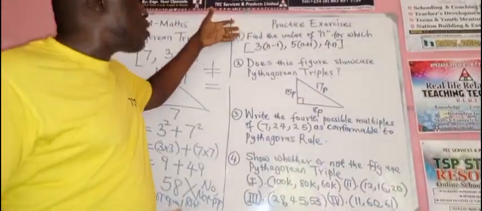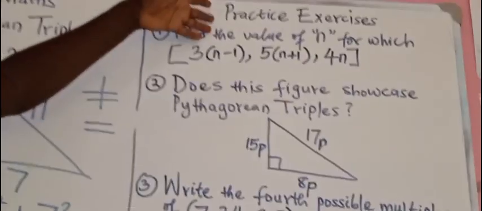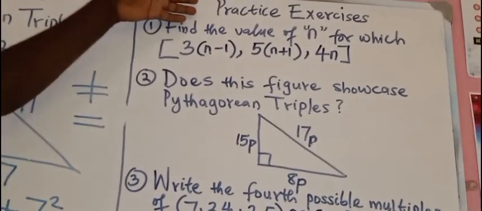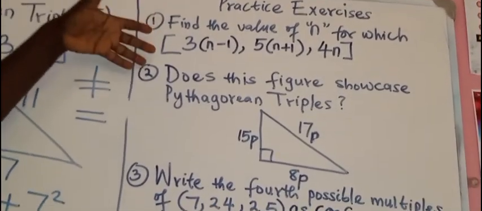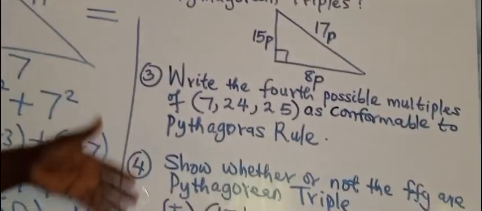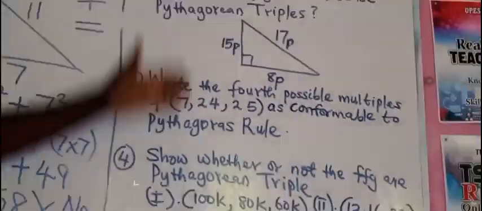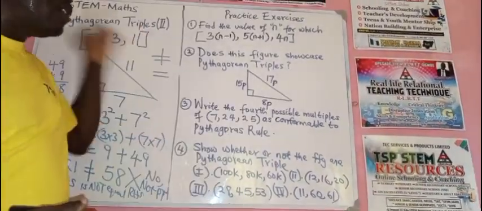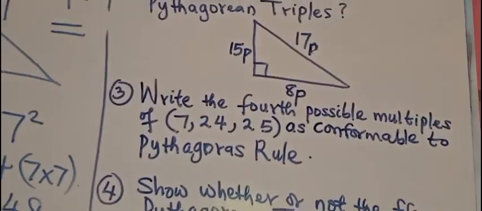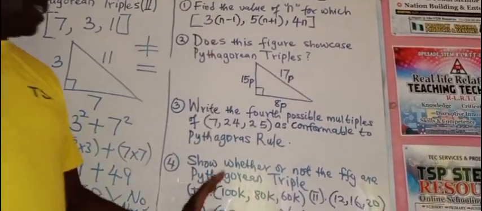So try to practice the following questions. Please help me concentrate the camera here properly. Question number 1, question number 2, question number 3, 4 are very clear. You have to apply your knowledge of Pythagorean triple, which we have just done, to solve this.